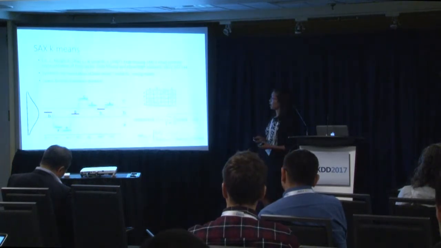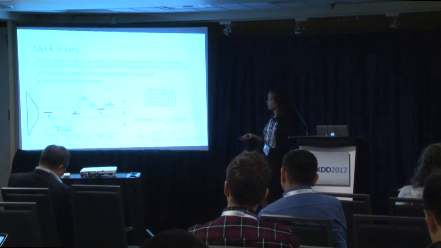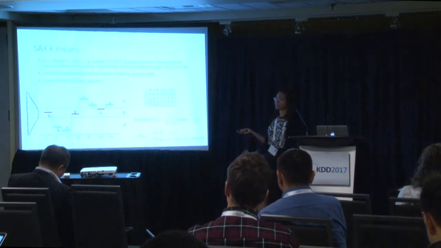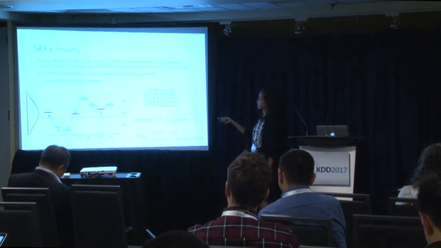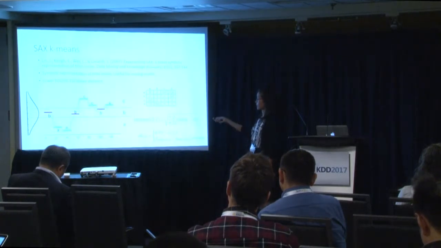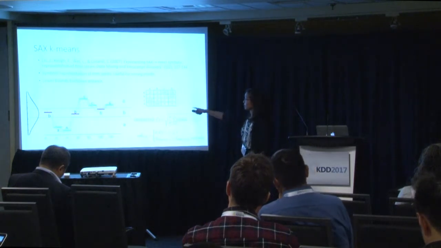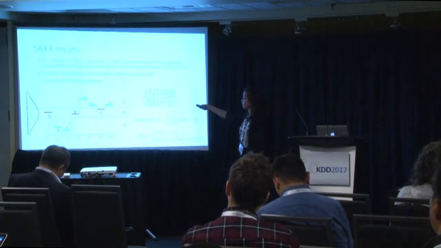Another possibility is SAX K-means. SAX, or symbolic aggregate approximation, is a symbolic representation of time series developed by Eamonn Keogh and Jessica Lin in 2007. Essentially, this is doing dimensionality reduction. We have our time series and we break it into segments.